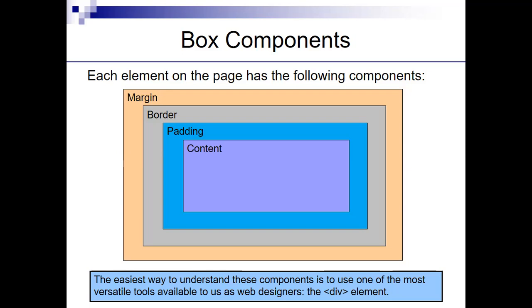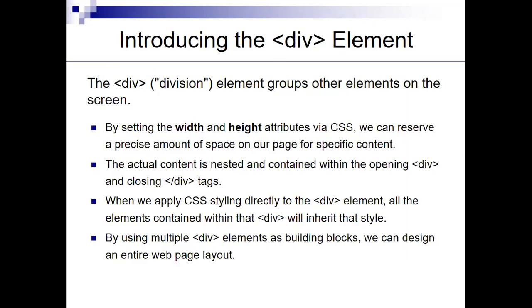So div allows us to specify the height and the width of these particular components, right? So when we talk about div, these are particular elements that group elements within our website through setting of the various width and height attributes.